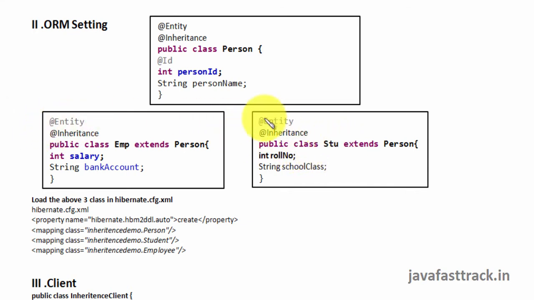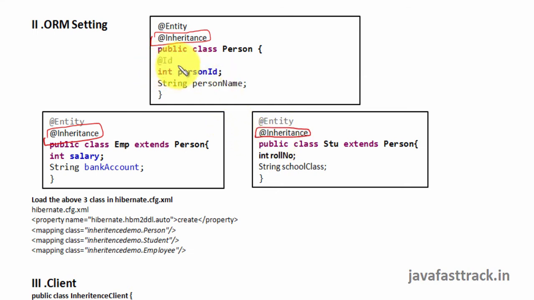Student is also marked an entity. So what is new is just this small thing, inheritance. This is part of the inheritance hierarchy. Employee extends person. So we have this inheritance. Student extends person. So put this annotation, inheritance.